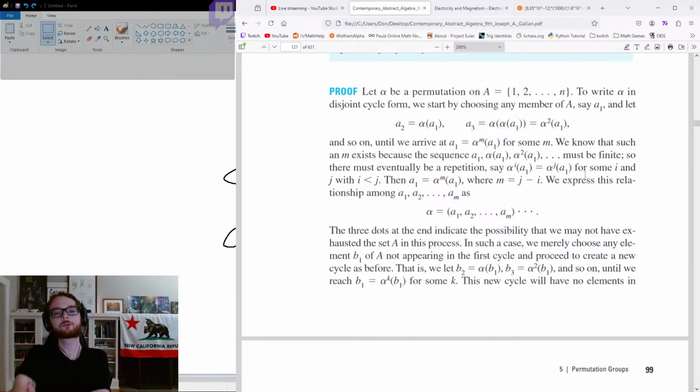Let's read this proof. Write alpha in disjoint cycle form. Let A2 equal alpha of A1, A3 equal alpha of alpha of A1. This alpha and A thing is going to get confusing. I'm going to misread something at some point.